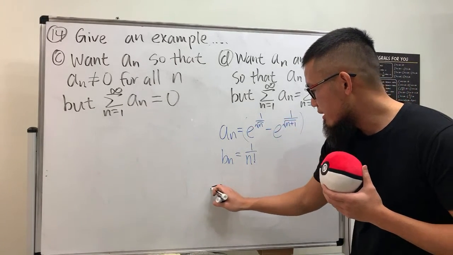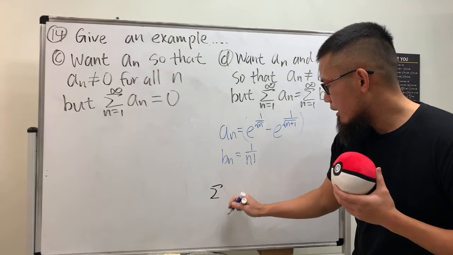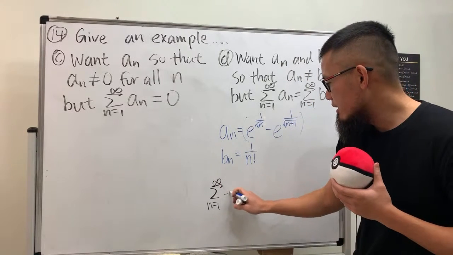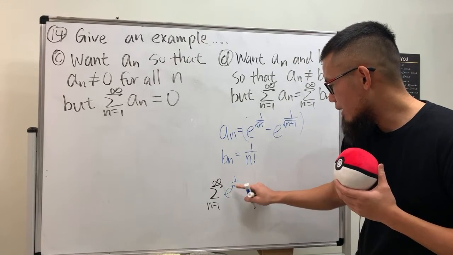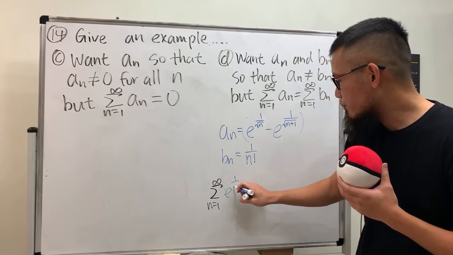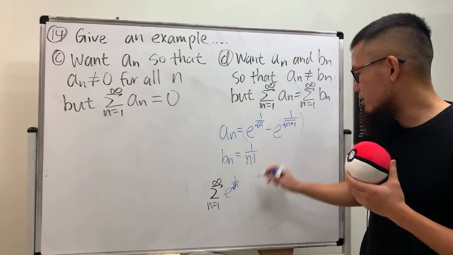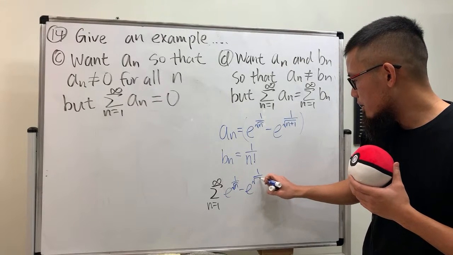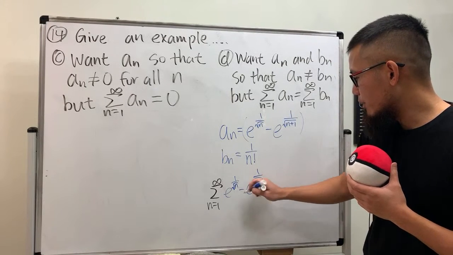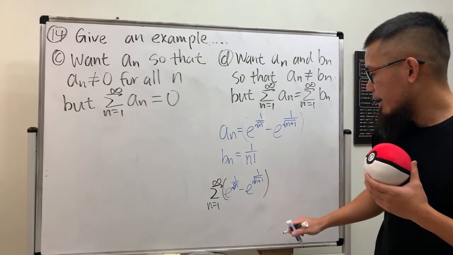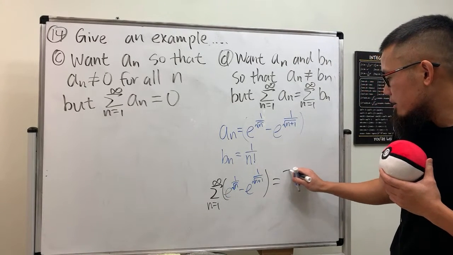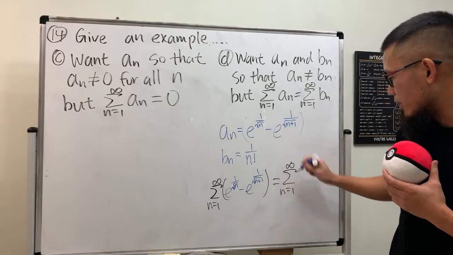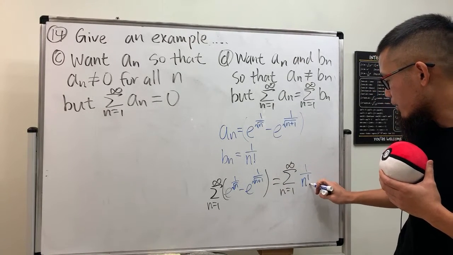So the series as n goes from 1 to infinity of this, e to the 1 over square root of n, we did this in the multiple choice question, is indeed equal to the series as n goes from 1 to infinity of 1 over n factorial.